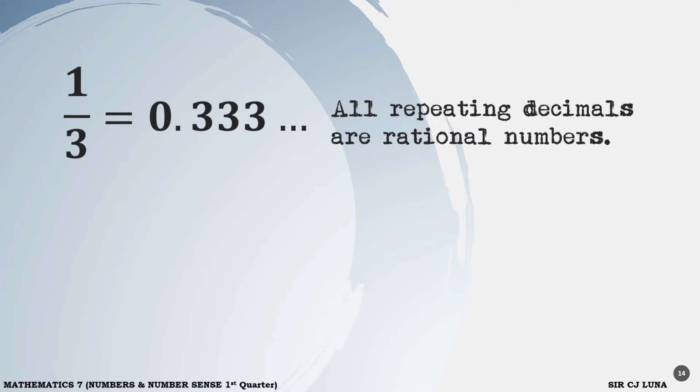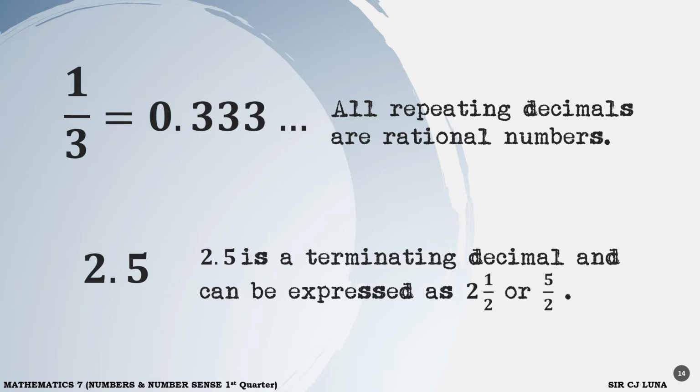And this is a repeating decimal. All repeating decimals are rational numbers. Next, we have 2.5. 2.5 is a terminating decimal and can be expressed as 2 and 1/2 or 5 over 2. Therefore, 2.5 is also a rational number.